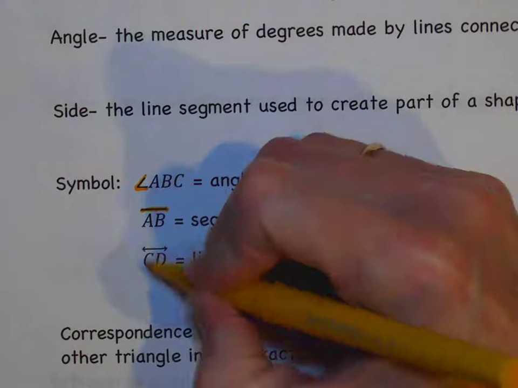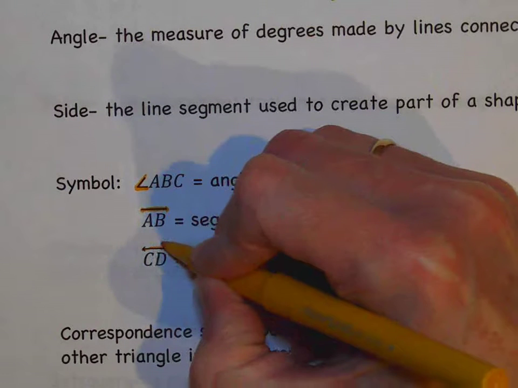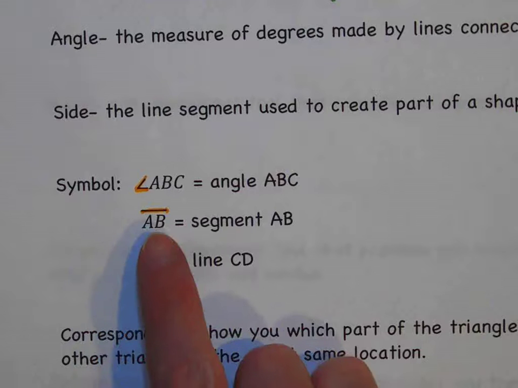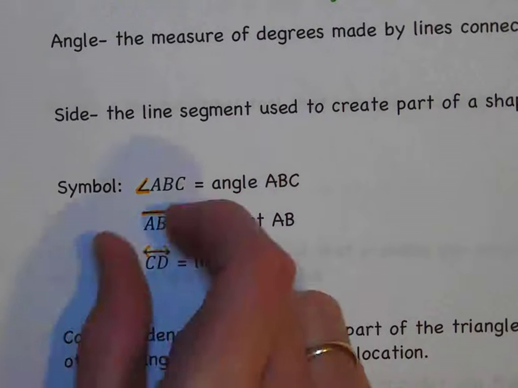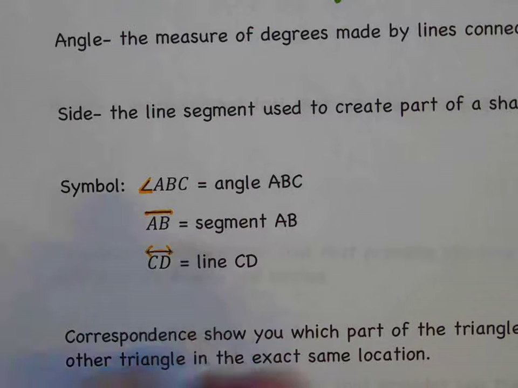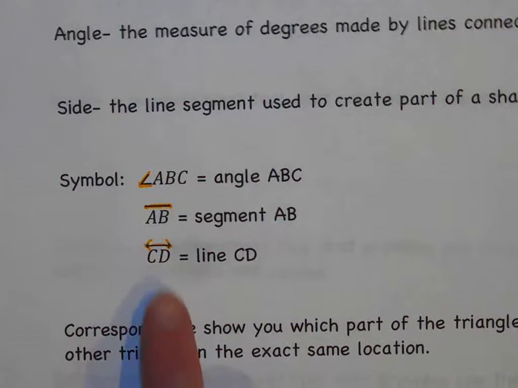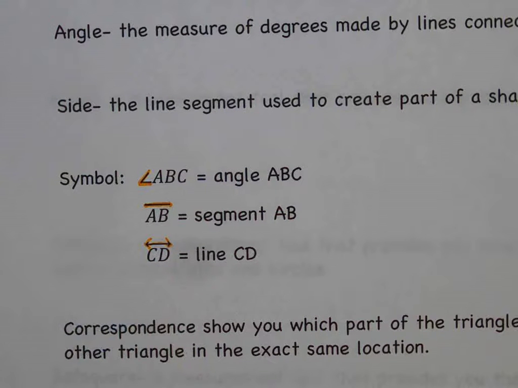A line continues forever in both directions, so it has arrows on both ends. That's the difference between a line CD and a segment AB. Segment means that it has endpoints and it stops. It's not infinite in size. It has a very prescribed size that starts here and stops there, whereas a line is infinite because it goes on forever in both directions. So that's how you would use the symbols to tell the difference between those.